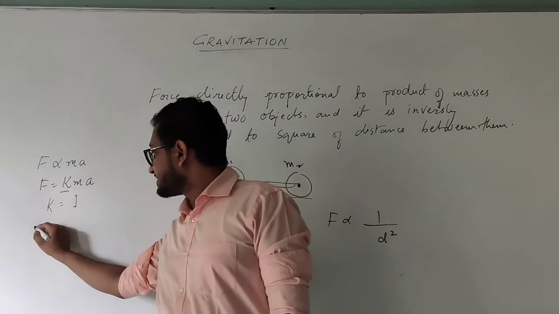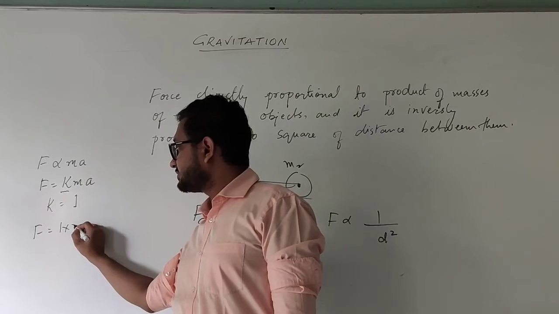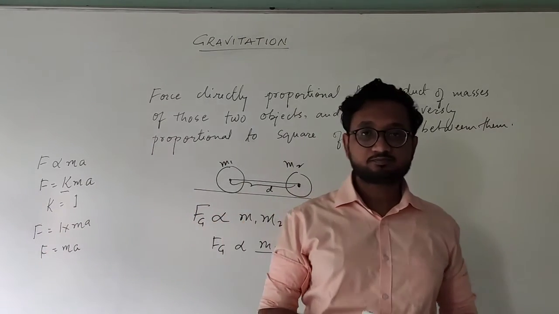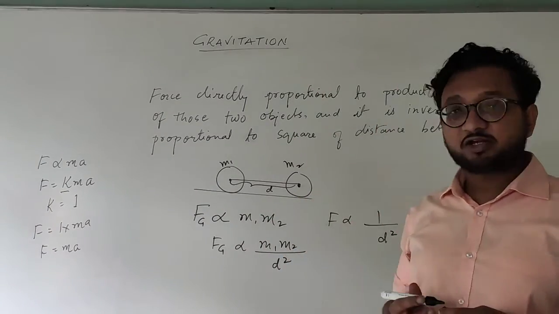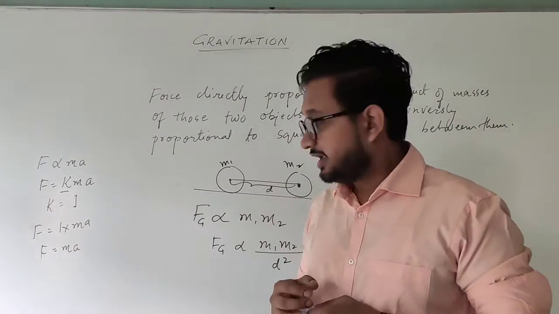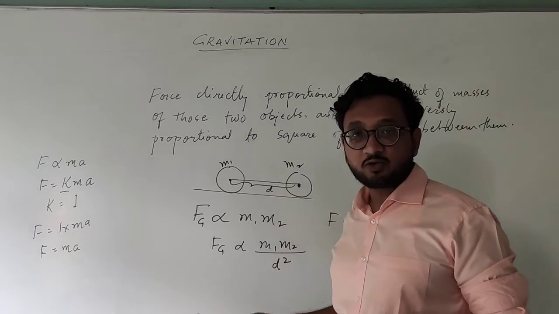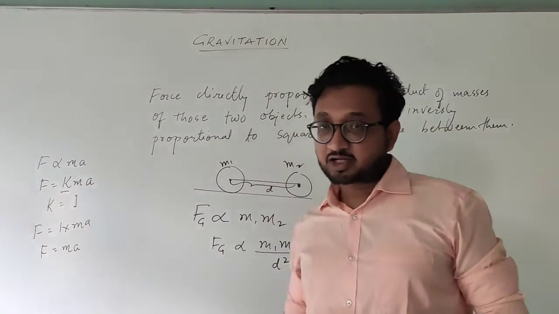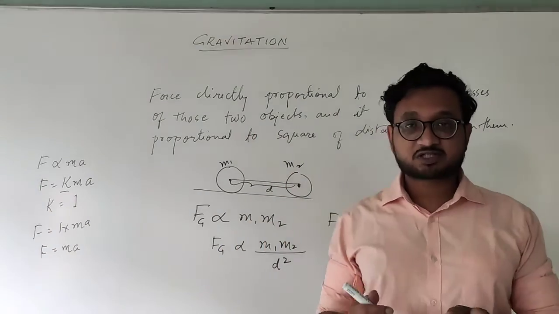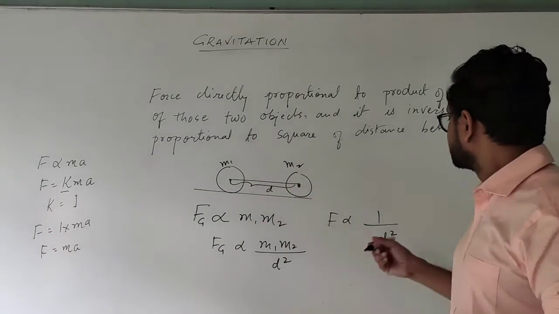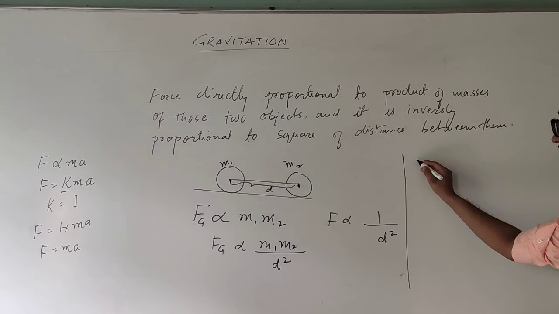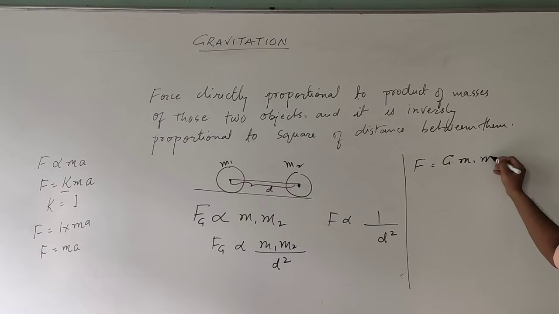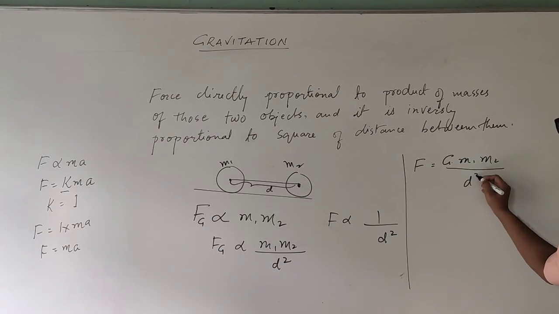So we got the final answer as F is equal to 1 into ma, that is, F is equal to ma. This is how we found the formula of force. In this case, once again we are going to do the same thing, because whenever we remove the proportionality sign and convert it into a formula, there is always a constant that balances the equation. So in this case, we have F is equal to G into m1 m2 upon d square.